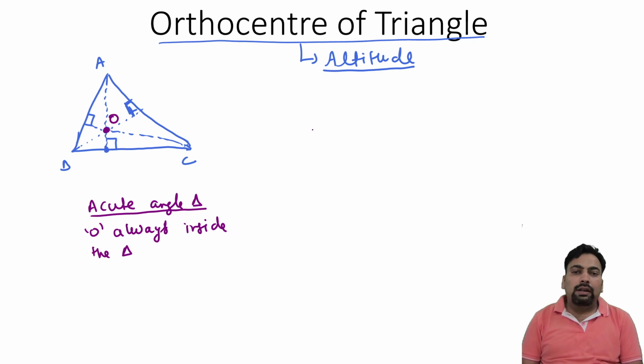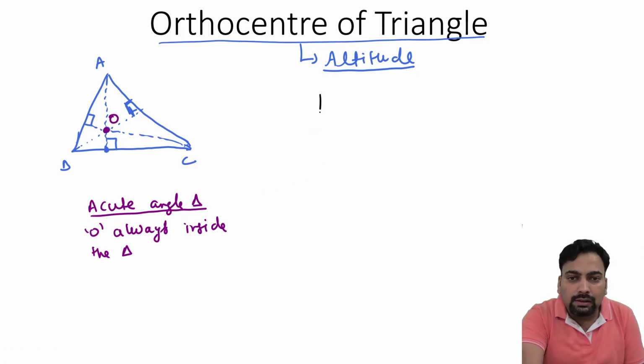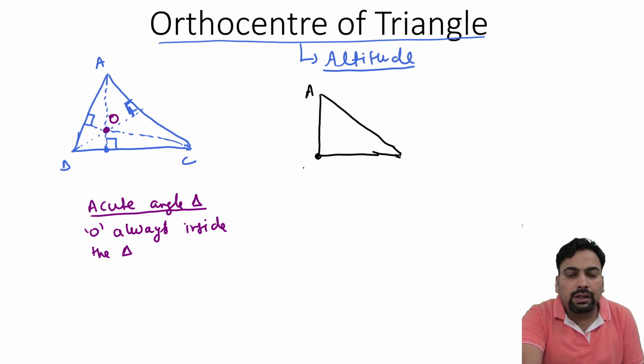In case of a right angle triangle, it is on the point where the angle is a right angle. Because AB is the altitude from the vertex A, BC is the altitude from the vertex C, and this is the altitude from the vertex B to AC.